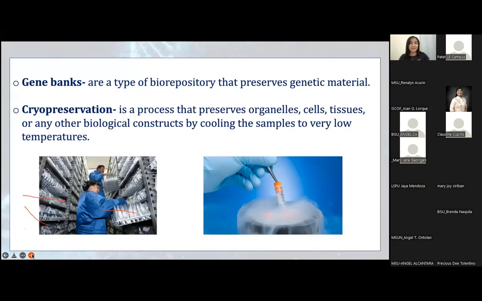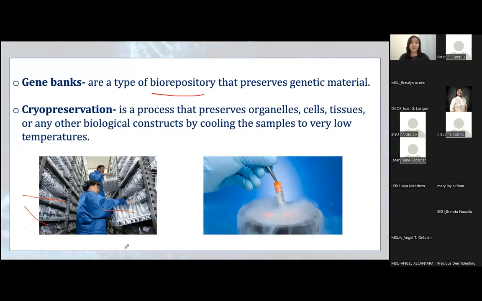Okay, so, gene banks are a type of biorepository that preserves a genetic material. Tama din naman. Gene banks, they also preserve. However, they are a biorepository. Ibig sabihin, it is a place where you put mga DNA constructs, mga gene construct, any material, mga cells, organelles.